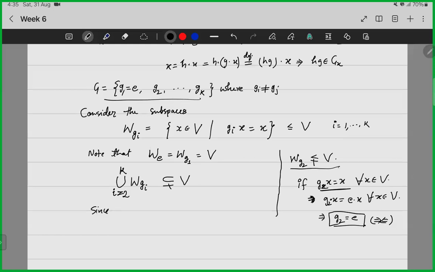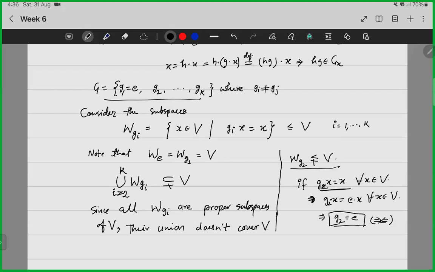Similarly, all W_gi are proper subspaces of V. So here the union does not cover V. So this union is also proper.